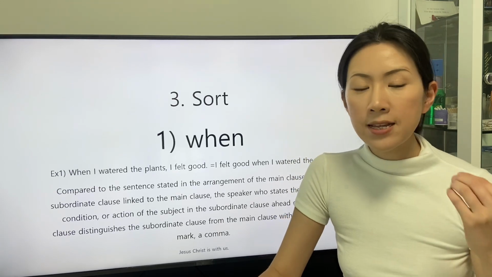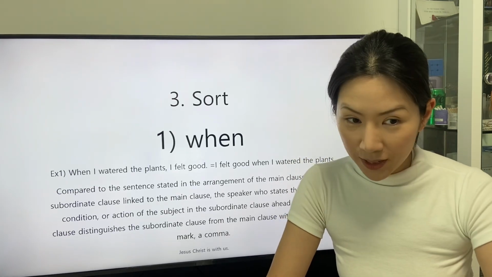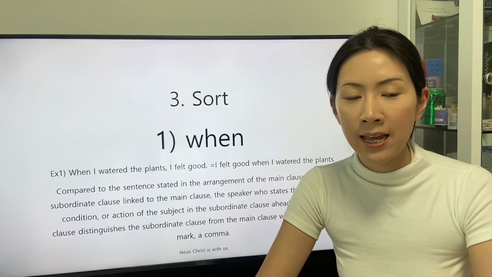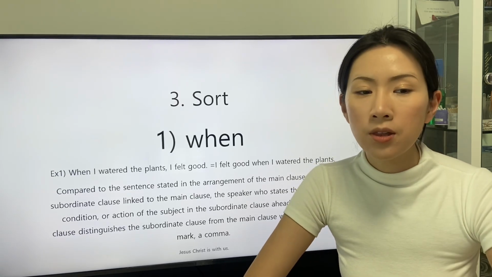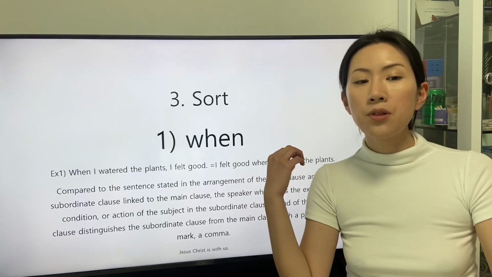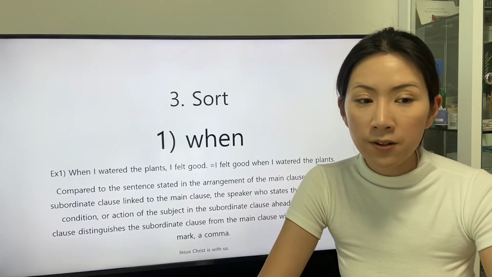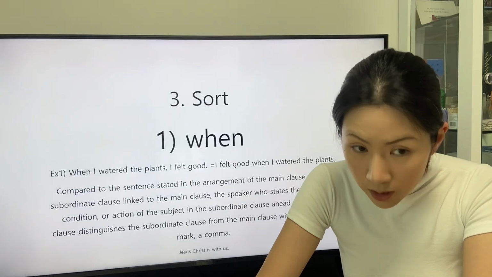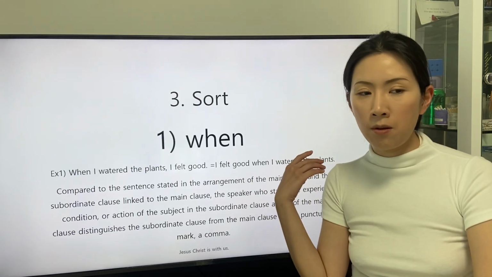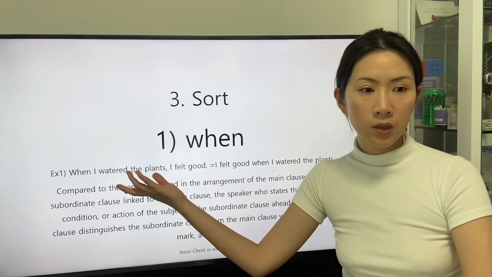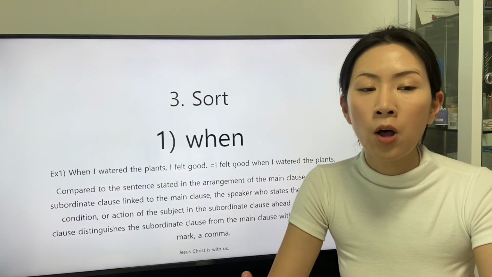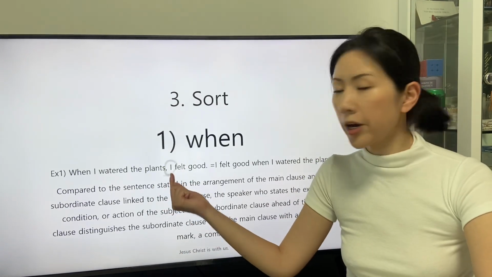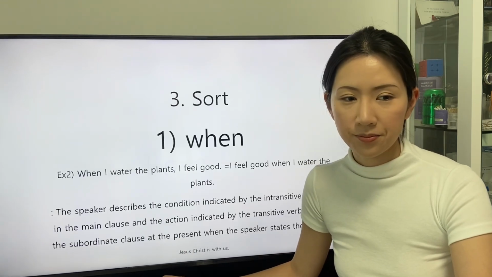Compared to the sentence stated in the arrangement of the main clause and the subordinate clause linked to the main clause, the speaker who states the experience, condition, or action of the subject in the subordinate clause ahead of the main clause distinguishes the subordinate clause from the main clause with a punctuation mark, a comma.